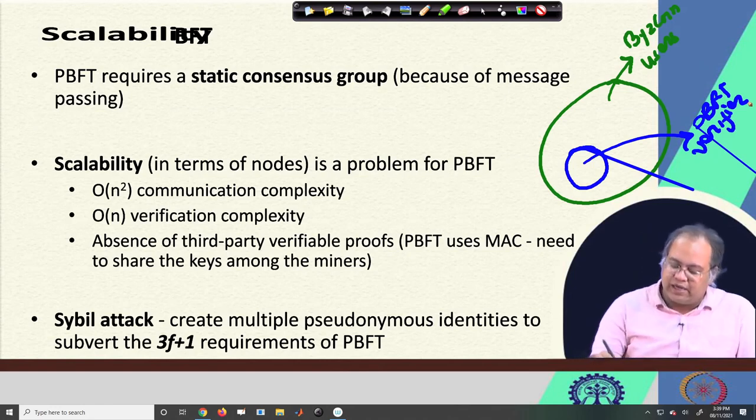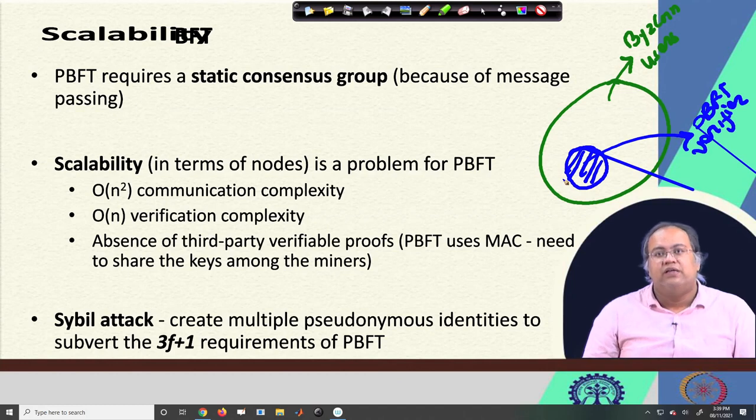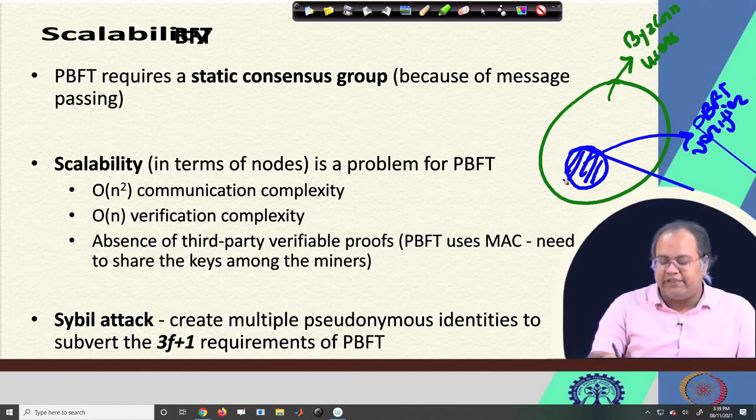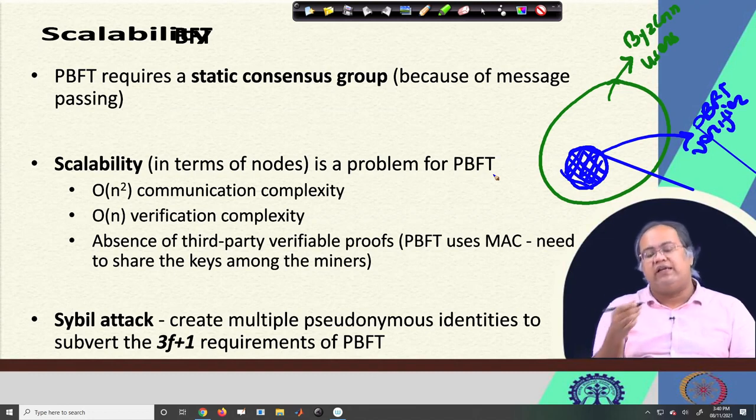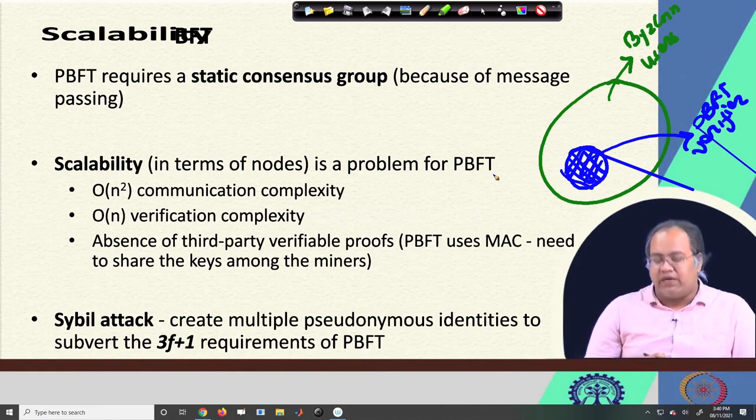And because a subset of nodes are going to work as PBFT verifiers, the problem is that if this subset gets colluded and a majority of the users within that subset are malicious, then this entire protocol violates safety, because they are the ones who validate whether a microblock is faulty or not.